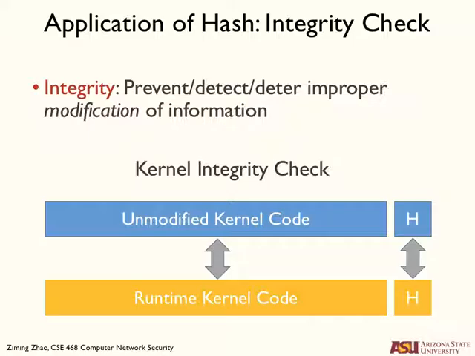If the hash values match, we know we are still in a secure system. If not, it means our system has been compromised. So using hash to do integrity check, we cannot really prevent attacks, but we can detect that there is an attack.